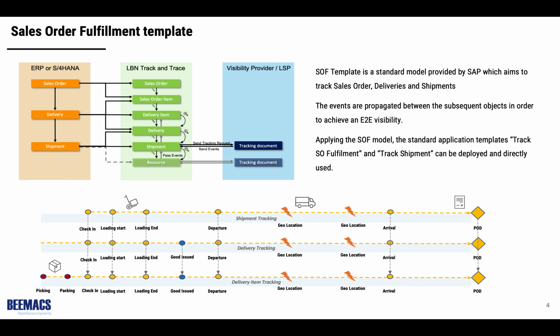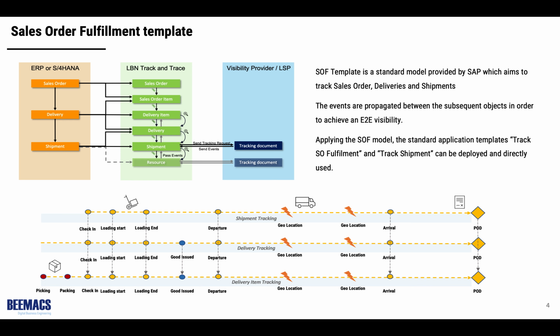And then you can start to receive your actual events. For example, from ECC, in this scenario, we can integrate the sales order, the delivery, and the shipment with all the attributes that are really relevant for whoever is using the track and trace system.